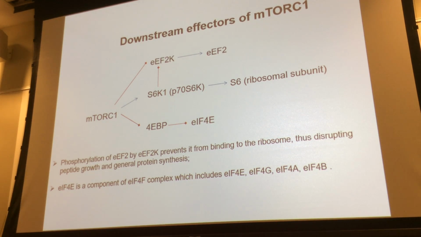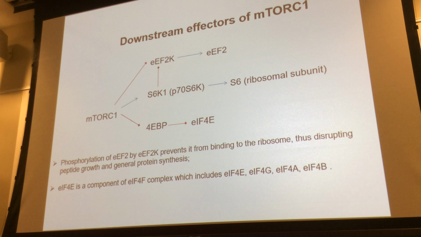So that's one branch. On the other side, it inhibits 4E-BP, the eIF4E binding protein, and releases eIF4E. As I said, the components of the 4F complex include 4E, 4G, 4A, and 4B. What is the function of all these components? If you're interested, you can look it up. For example, 4G is the scaffolding protein, and 4A is the helicase.